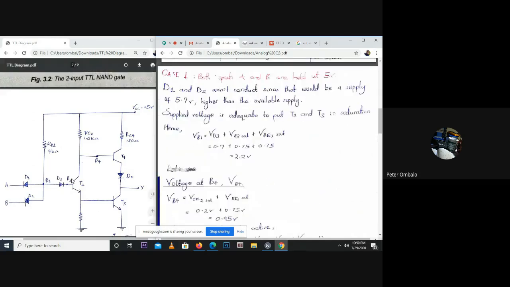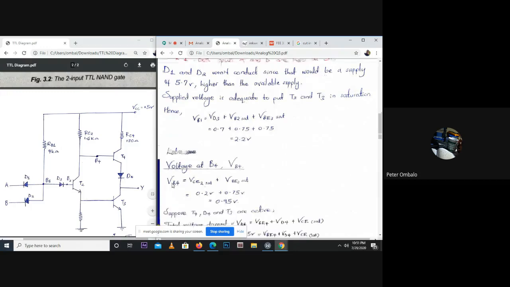Now we already know the voltage at VB1. We have calculated it through this path here, the path that goes through T2 and T3. So we know the voltage at B1, and the voltage at B1 can help us get the voltage at B4, which is VB4.